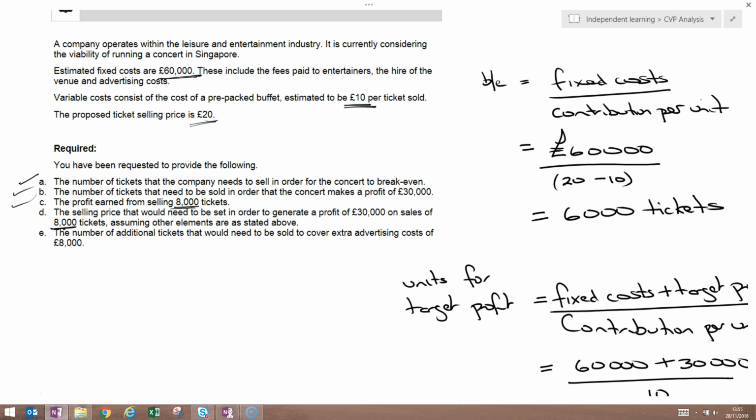Now this one is a little bit more difficult because we can't go straight to using one of our formulae, as the target profit formula calculates how many units we would need to sell in order to achieve a target profit. Well, we're told that they want to generate a target profit and that they want to sell 8,000 tickets. So we know how many units we want to sell. We know what our profit needs to be. So we need to work backwards to see what we need to set the selling price at.